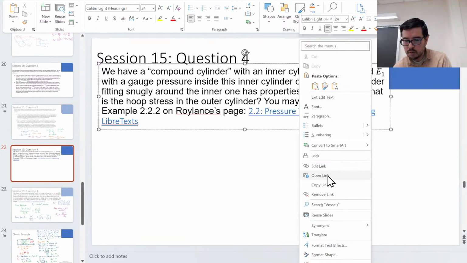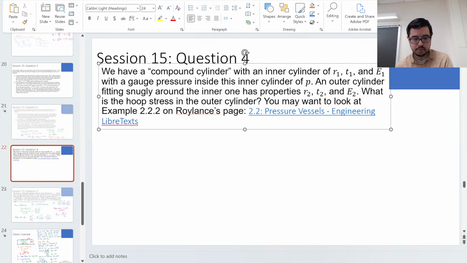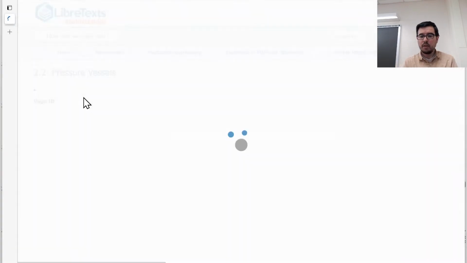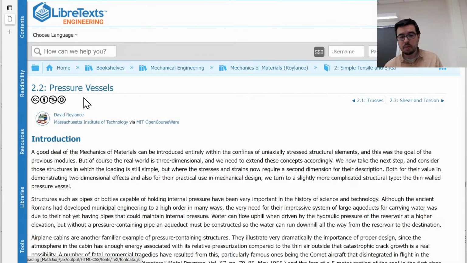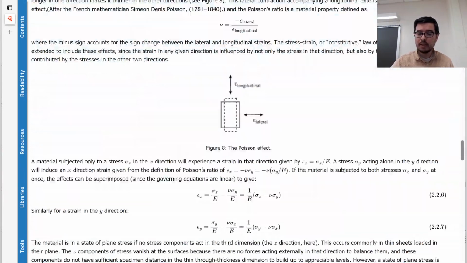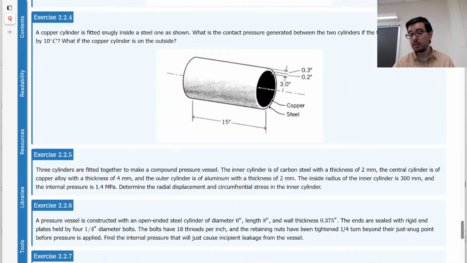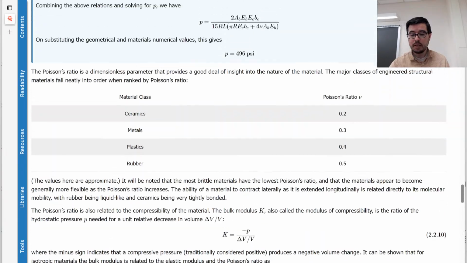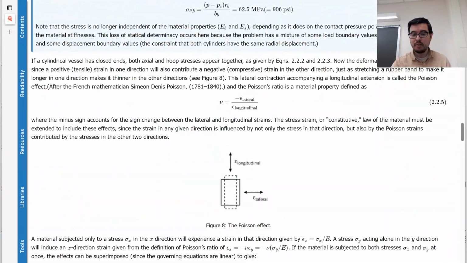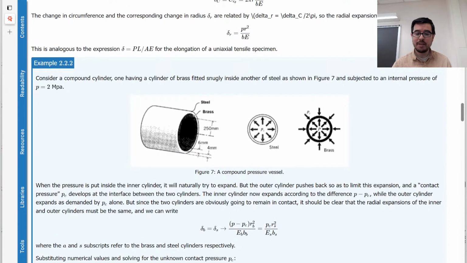There we go. Okay, so this is Professor Roylance's website where he goes over thin wall pressure vessels, and I think it's a great resource for anyone interested in getting some further background, which I highly suggest for this problem, which is an example.